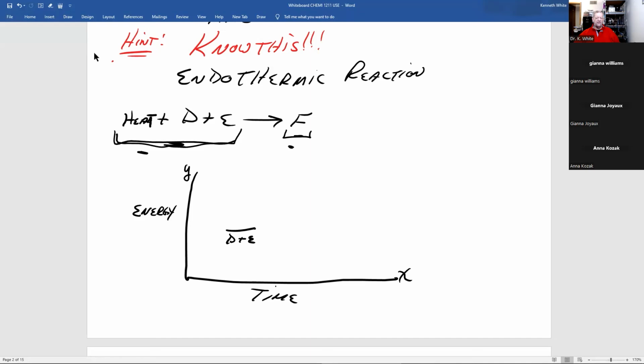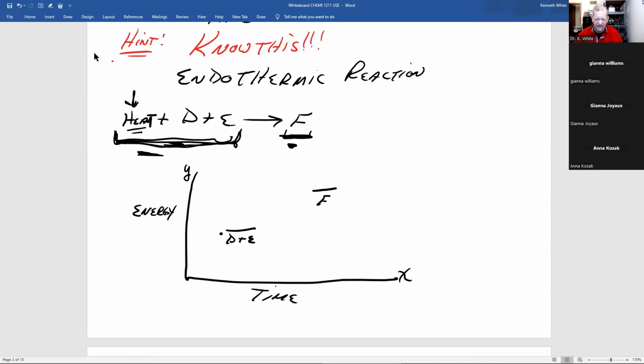But the total energy on this side is D and E and heat, which equals the total energy on the product side. So F has more energy than D and E because you have to add the heat. F will be higher energy than D and E because some of the energy to get to F is provided by the heat you have to add.